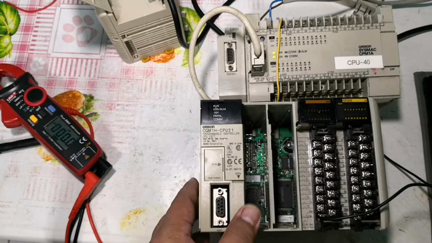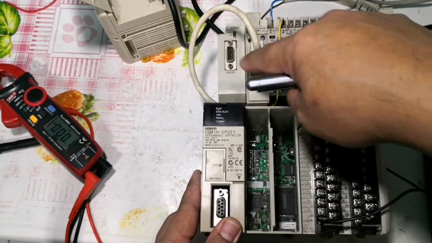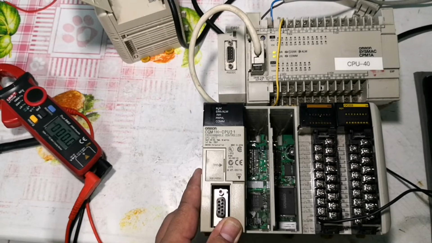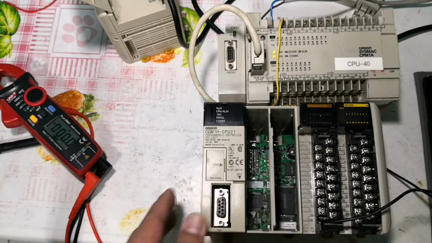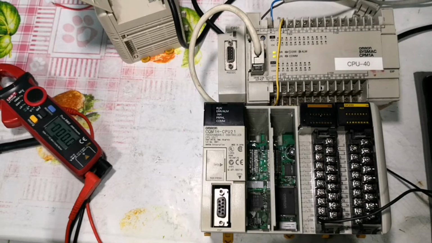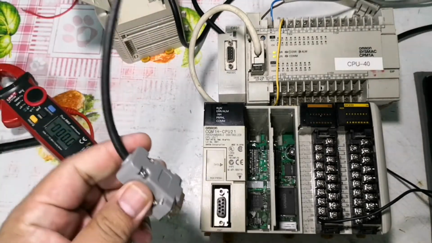Okay, so both PLCs, if we look at them properly, have the communication port, okay, to do programming. For us to do programming, we can communicate with the CPU by doing a connection. Okay, link this to your PLC.